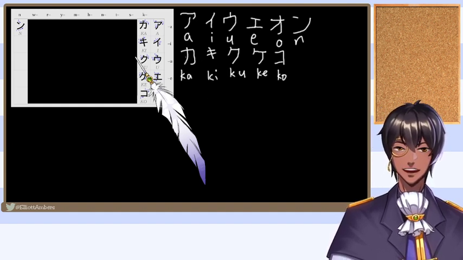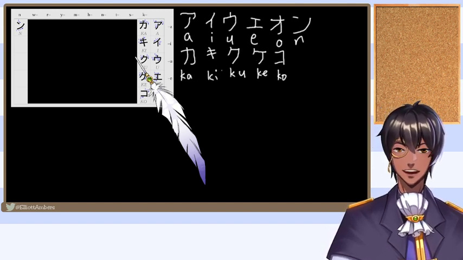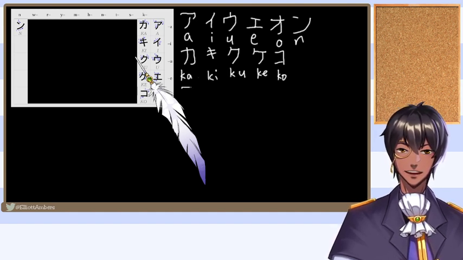So, again, we have these syllables here. Ka, ki, ku, ke, ko. And remember, the K chart, if we use this little symbol, let me just draw this.